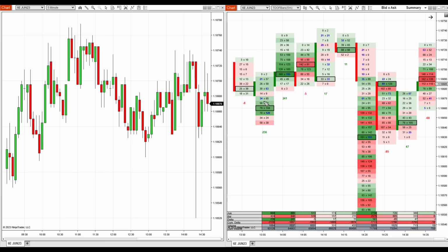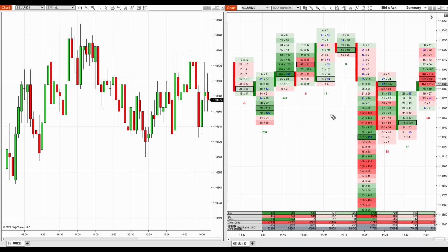And it's because of two reasons. The first one is that the cells where the volumes were heavy are a bit darker. You can see it, for example, in here, right? Those are darker than, for example, in here, right? So it immediately shows you where the big money was traded, right? So in here it was around this price level.